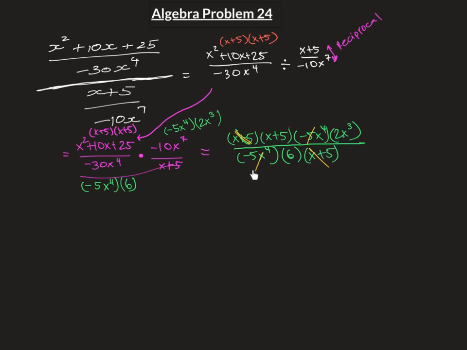And then all we're left with is x plus 5 times 2x cubed divided by 6. And your final answer, you don't have to completely re-expand your numerator. This is a viable final answer.